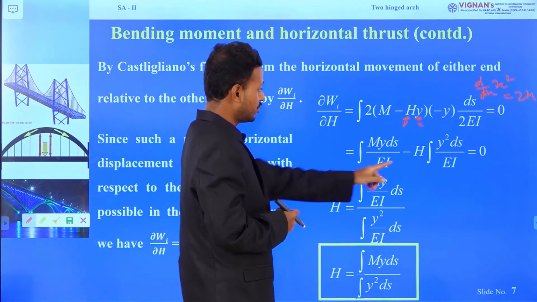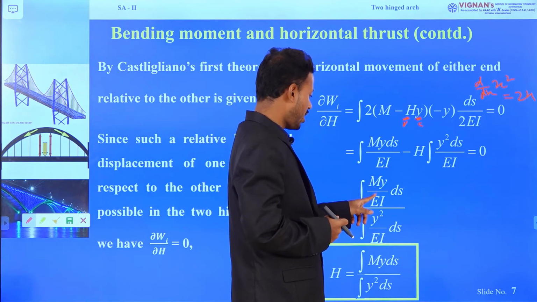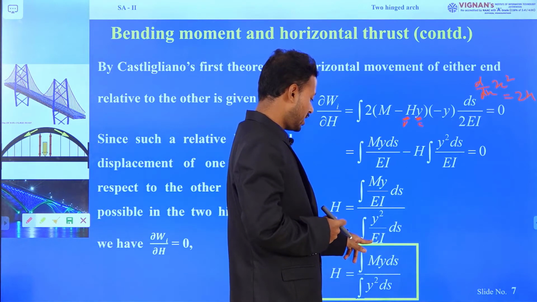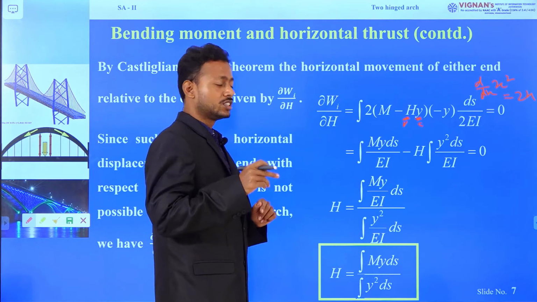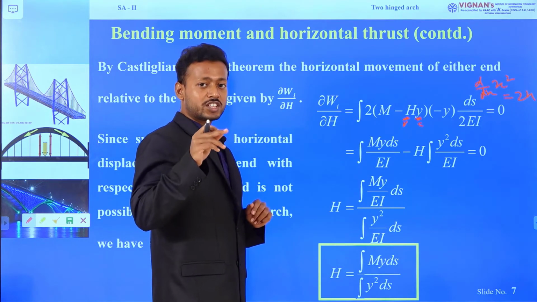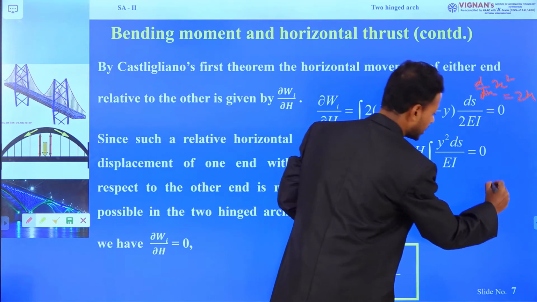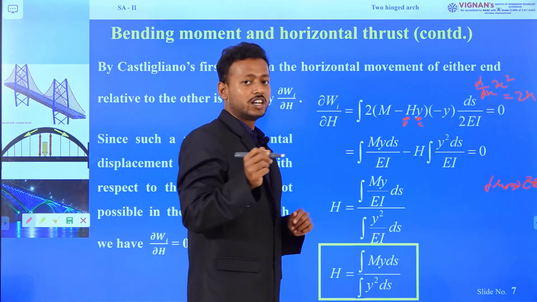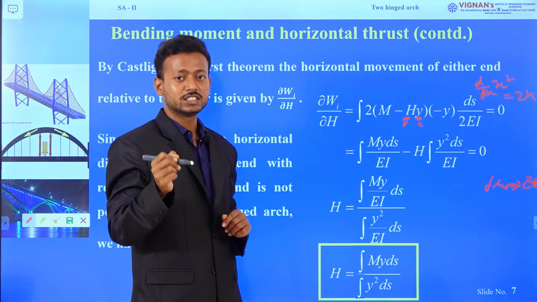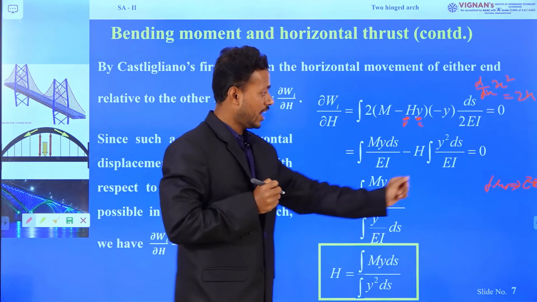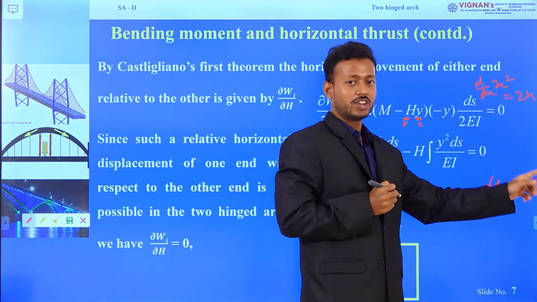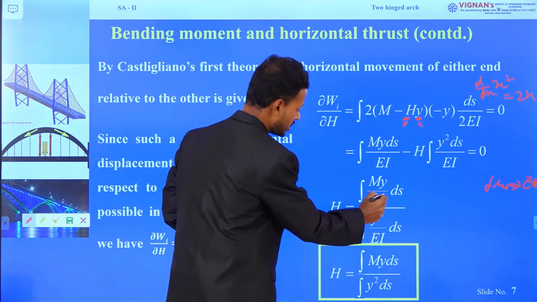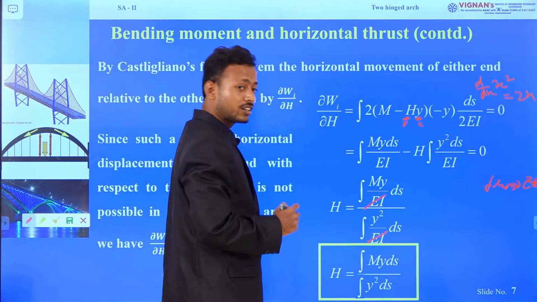Then we can find H equals the integration of My by EI into ds divided by the integration of y square by EI into ds. If the section has constant flexural rigidity, that is EI, where E is the Young's modulus and I is the moment of inertia, and the product EI is called flexural rigidity, we can cancel this EI part.